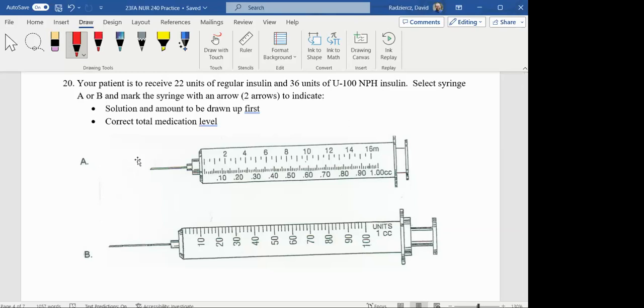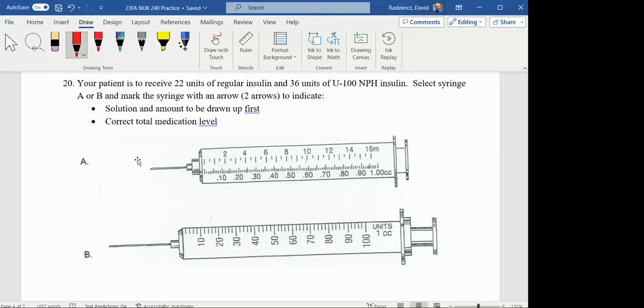Just for future reference, when you initially go into the practice test link, before you go into any of the other subfolders, there's a mixed insulin syringe file. It's a PDF, but there's also a Word document. If you open that up, you'll see where I'm getting this information from.